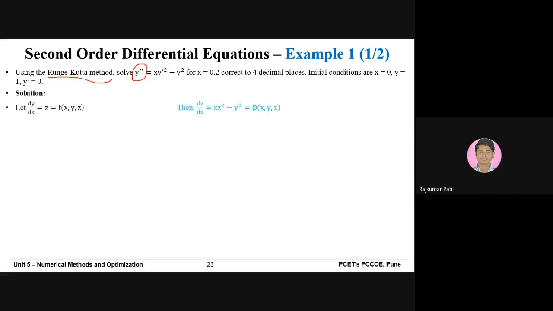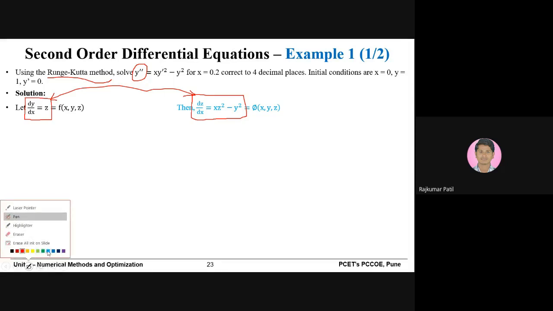So what we did, we simplified the second order differential equation into two simultaneous equations. So for that, our first equation is dy by dx is equal to z, and therefore our second equation will be dz by dx is equal to xz square minus y square. So we have two simultaneous equations.